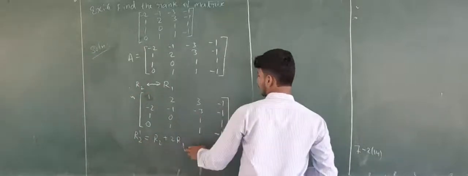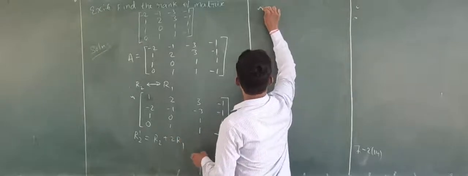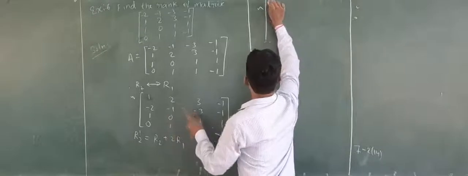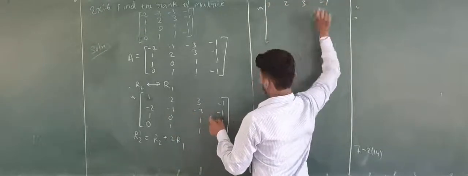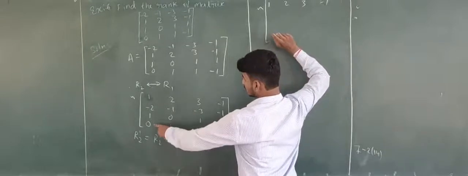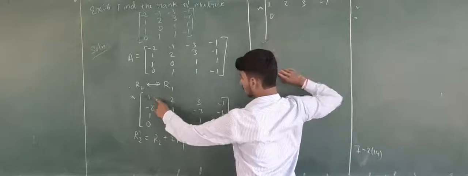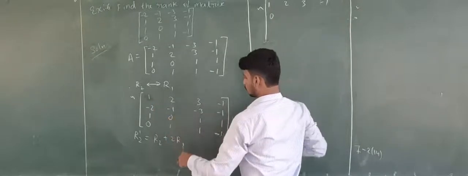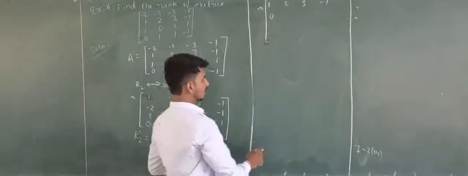We write the first row as it is, that is 1 2 3 minus 1. We are changing row 2, that is minus 2 plus 2 gives 0.